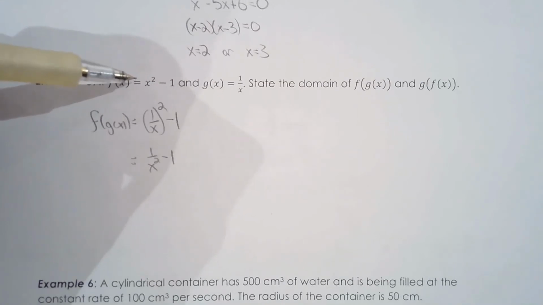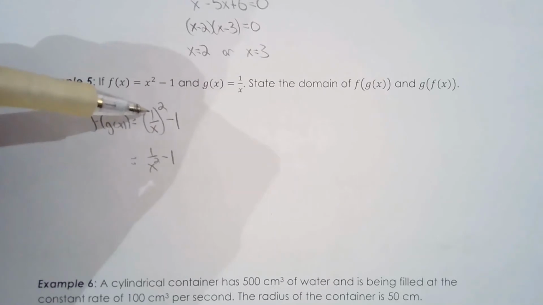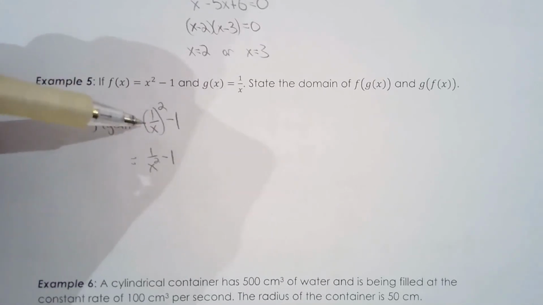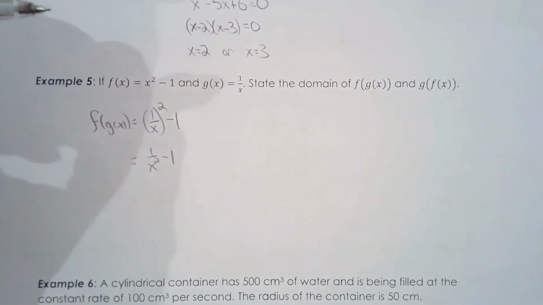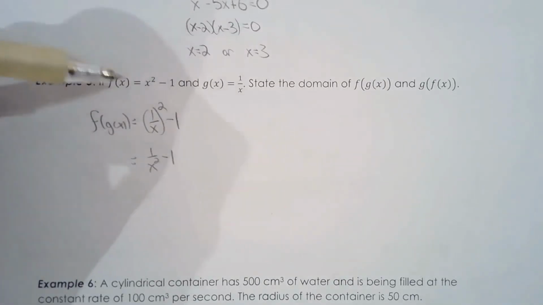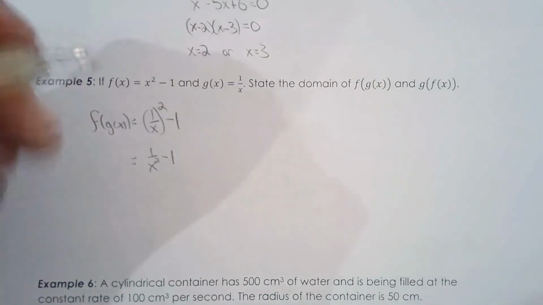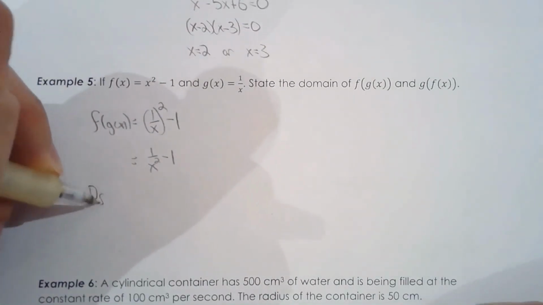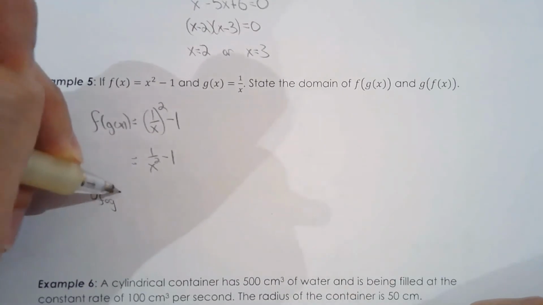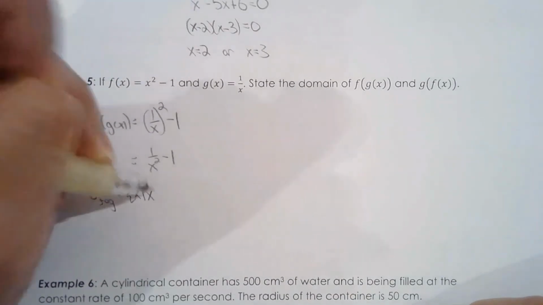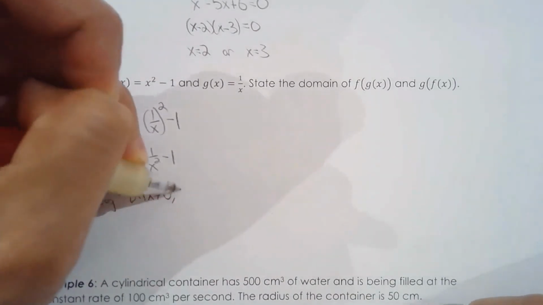So no matter what 1 over x is equal to, f of g of x will still be defined because the domain of f of x is all real numbers. So in this case, the domain of f of g of x is any value of x as long as it's not 0.